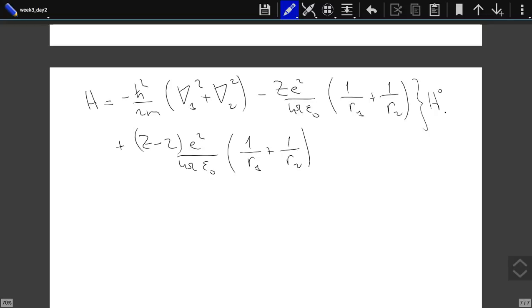This trial wave function, you can choose whatever you want. You mean just give one Z1, the other one Z2? Yeah, that you can also do. That gives you even a better approximation. But this will be the easiest one. Then plus e squared over 4 pi epsilon 0, 1 over the magnitude of R1 minus R2.